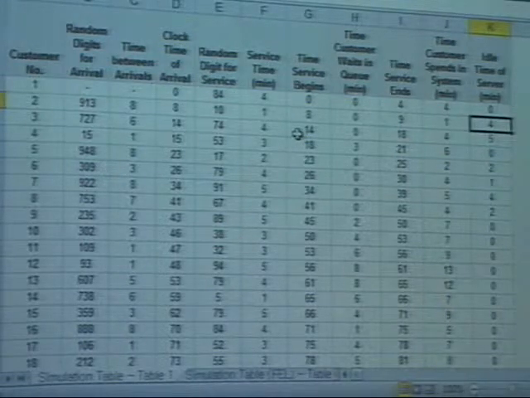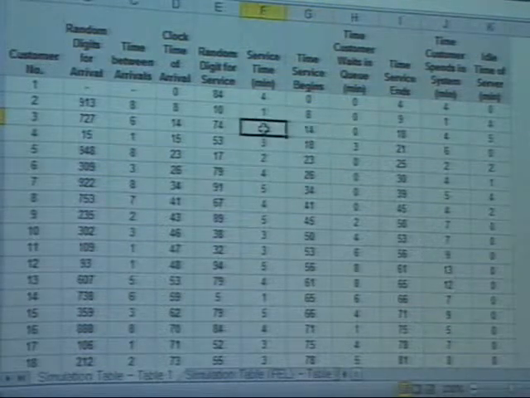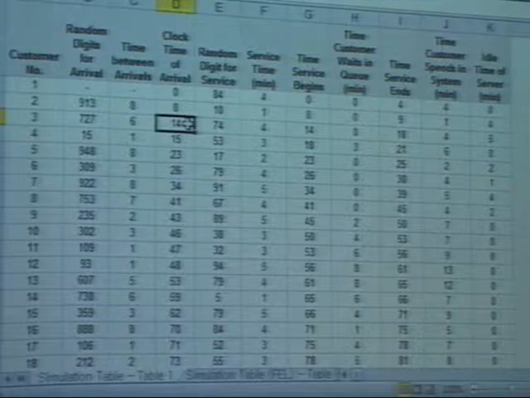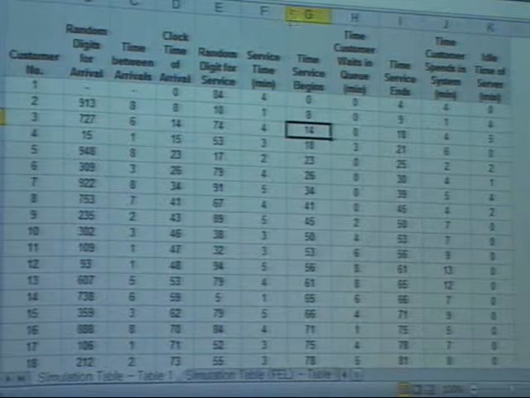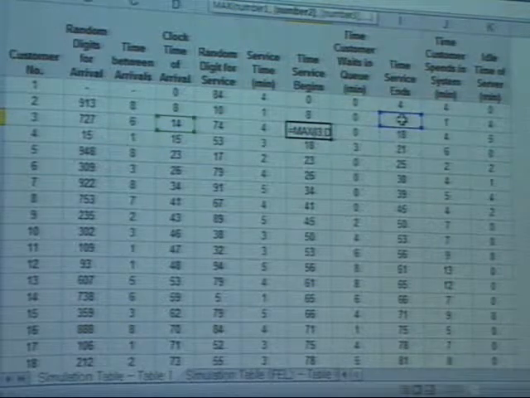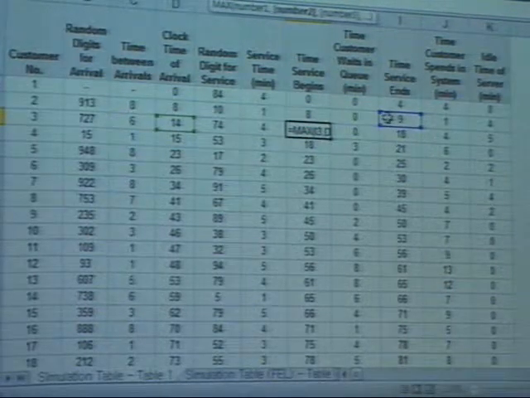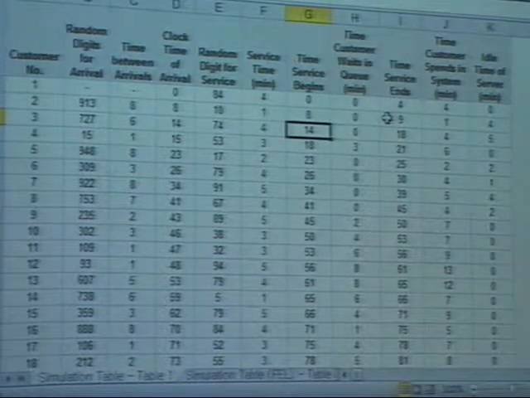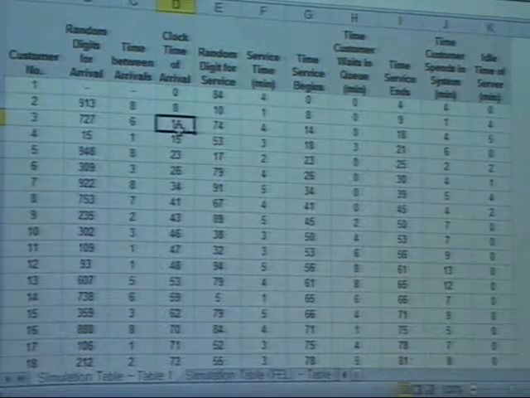Okay, question so far? And the next, the third customer, arrives into the system at time 14. Okay, and this one is also the maximum value of these two. So the previous customer's service was completed at time 9 and it arrives at 14.